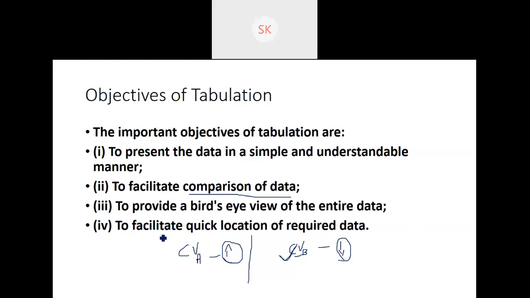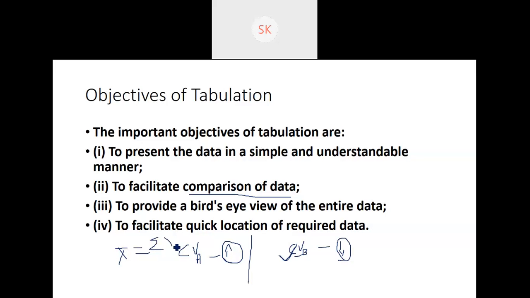Then, it facilitates quick location of required data. Now out of all the calculations, I wanted to know how much the arithmetic mean was. I can immediately go back to the calculation where I had tabulated my data, and I will find the values for x bar. What do I require to calculate x bar?